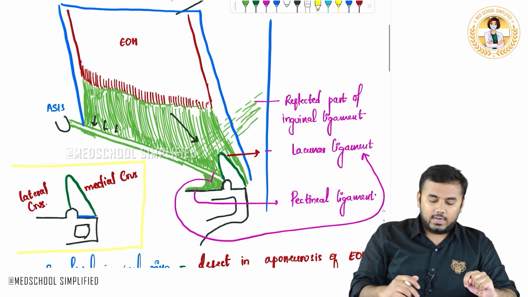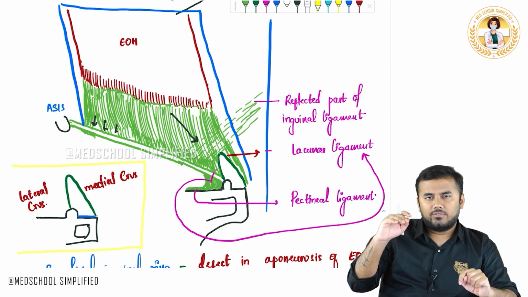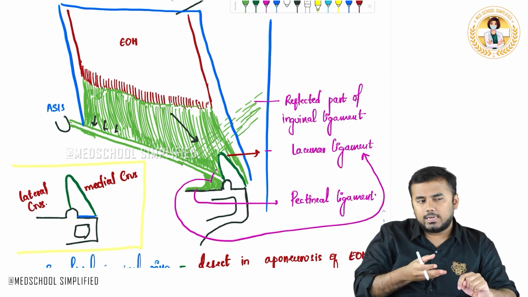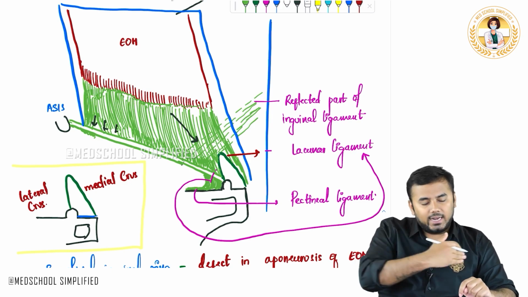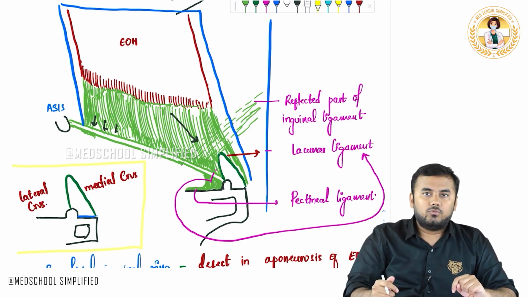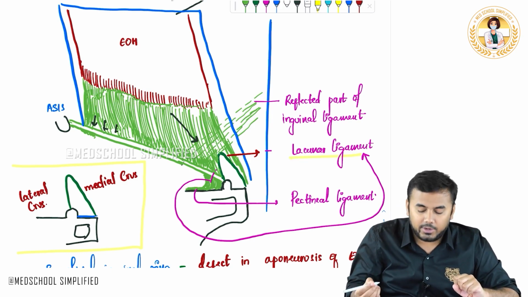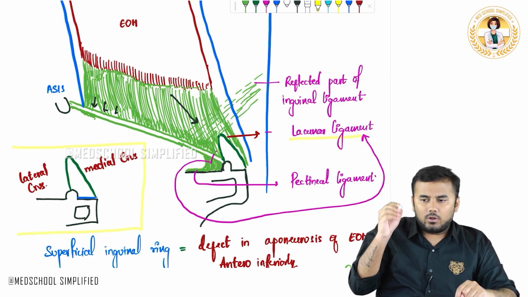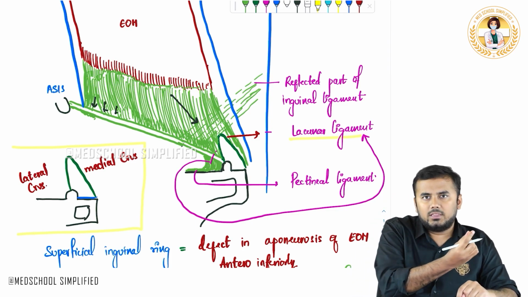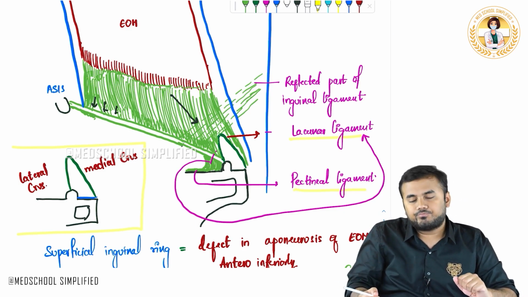Next important thing is that the medial most part of the inguinal ligament has some fibers that reflect downwards and go backwards, going downward and back or laterally, right? These form a triangular shaped ligament over here, called the lacunar ligament. The fibers of the lacunar ligament all join together to form a thick cord-like ligament called the pectineal ligament.